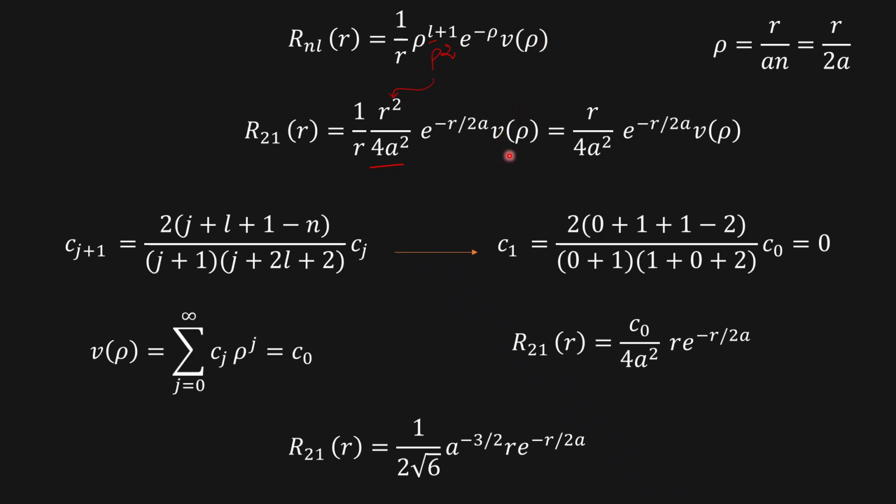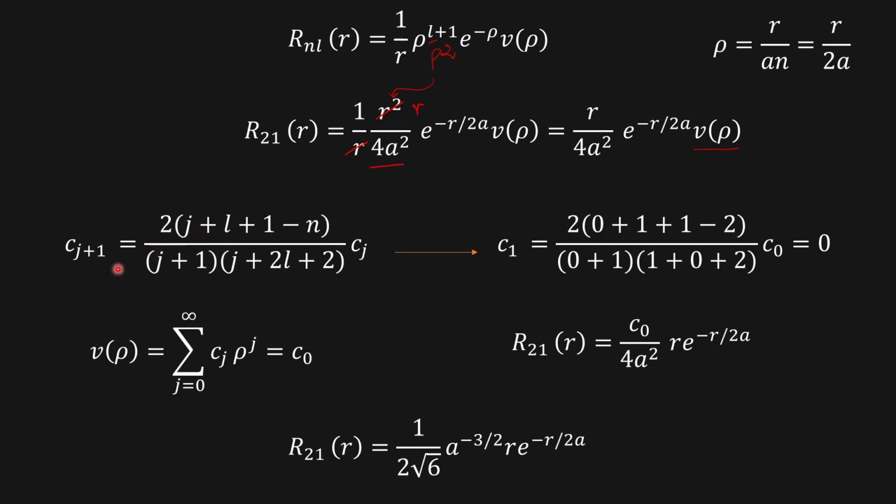Now we have to find the v of rho. Before that, we can simplify this: R squared gets cancelled with the R, and this becomes simply R. So this can be written as R over 4a squared e power minus R over 2a times v of rho. To find v of rho, we have to find the coefficient C j plus 1 as usual.